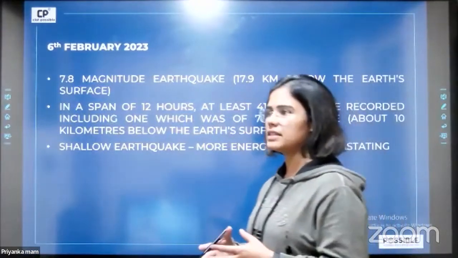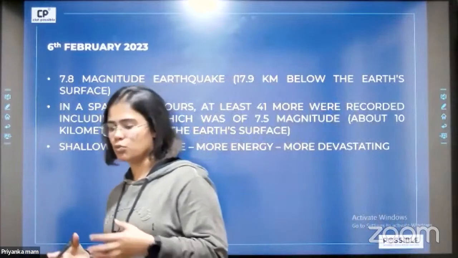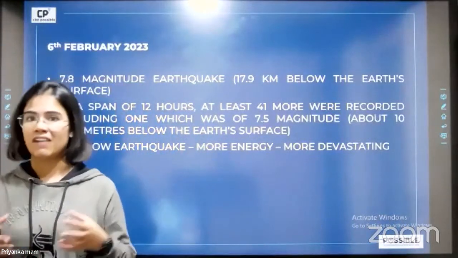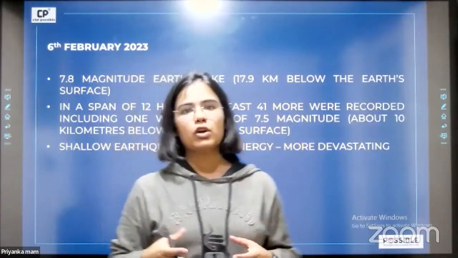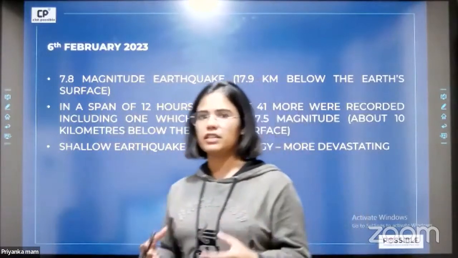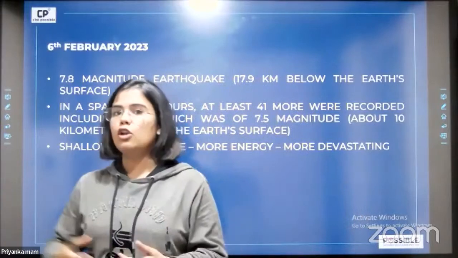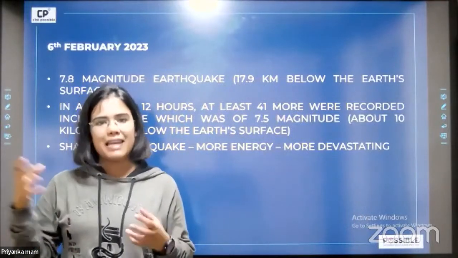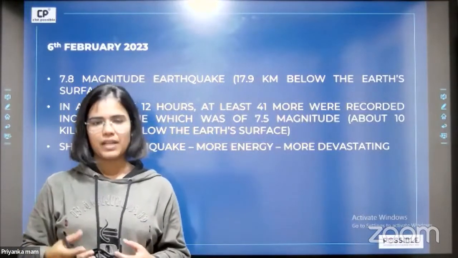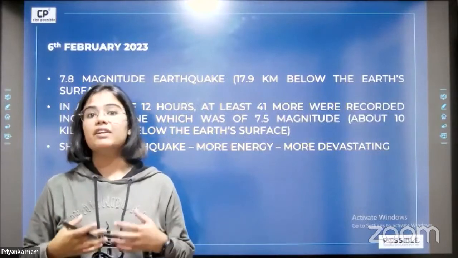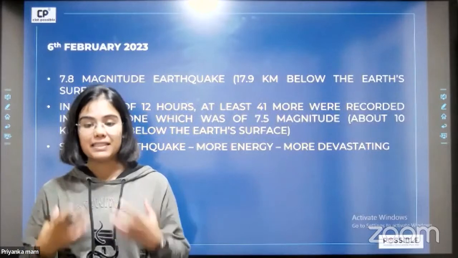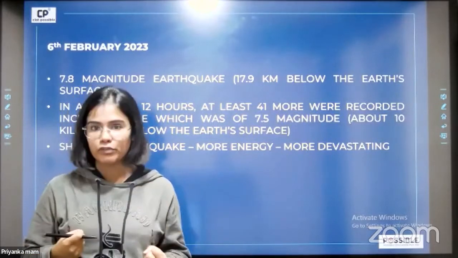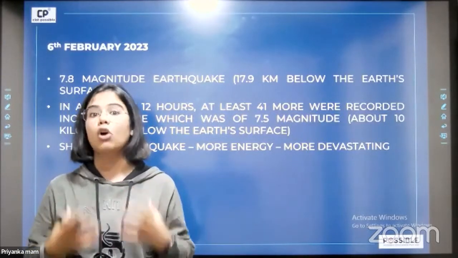Even if you do not yet know what an earthquake is and why it happens, you have to understand that whenever any kind of energy is released, the longer it travels, the less is the intensity, right? But here we have a very, very shallow earthquake.